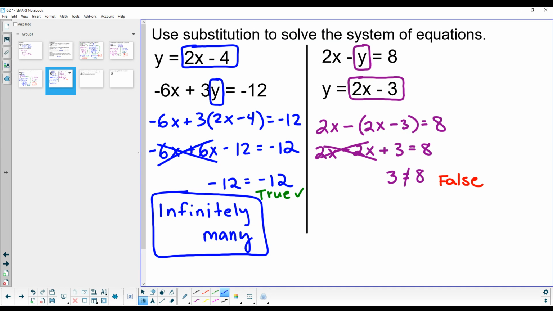So that should tell you that if something is not true whenever you get to the end, the other option here is that these are no solution. Whenever I graph these two lines, they're parallel to each other. They're never going to cross, so there is no solution for them to meet at. Are there any questions about knowing if it's infinitely many or if it's no solution?